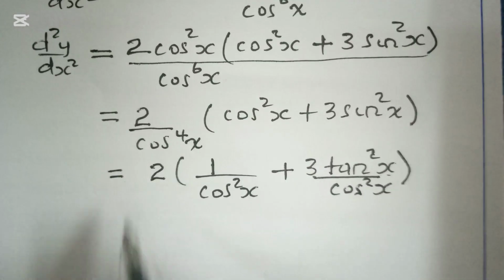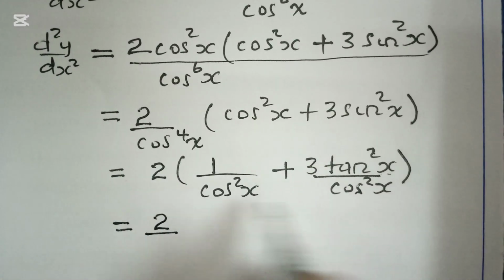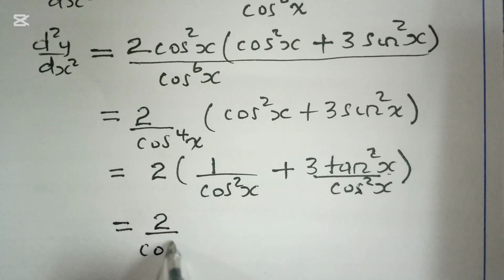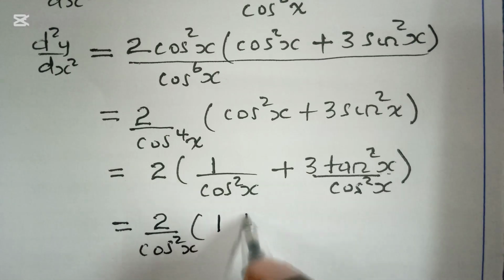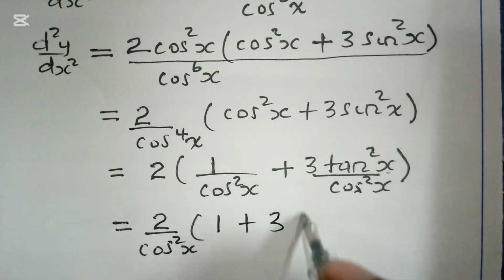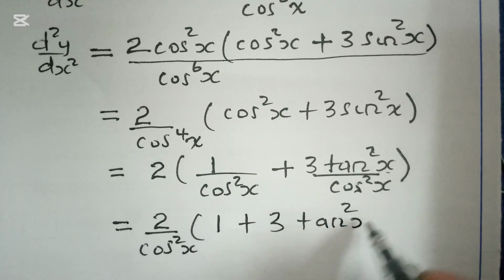And so finally, guys, we are going to have 2, we can factor out cos again, cos squared x, here we are left with 1 plus 3 tan squared x, like that.